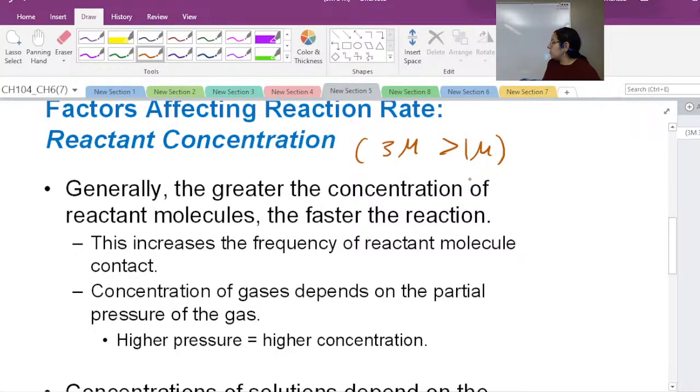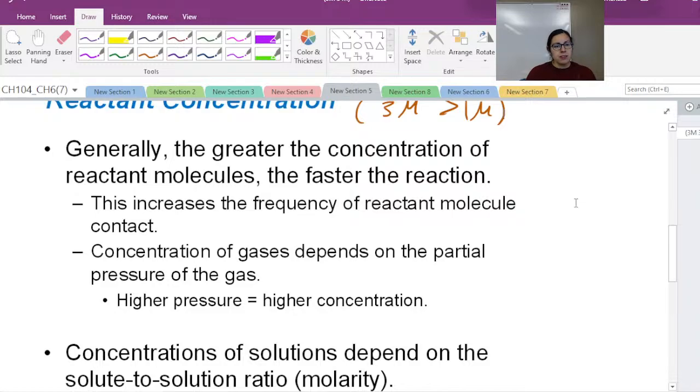I think you'll do that in another lab, where you'll race how long it takes to dissolve magnesium with 3 molar acid versus 1 molar. Higher concentration means more collisions, more productive collisions, so more reactions. This also applies to gases: the higher the pressure, the higher the concentration.